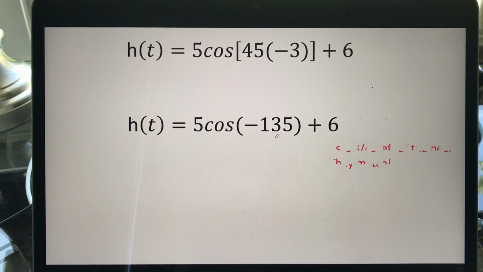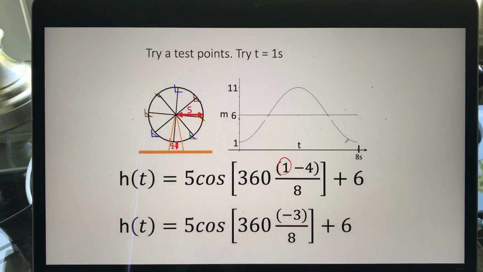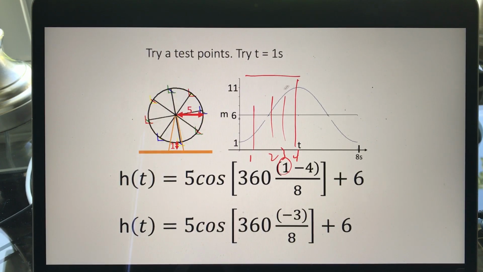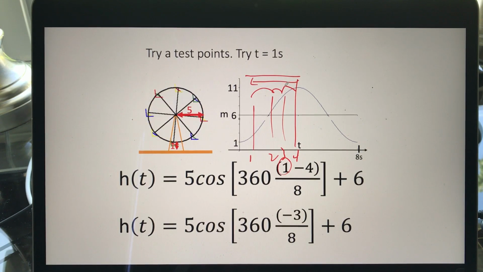Now let's just make sure this is making sense. Now let's take a look at this. 1 second, my actual Ferris wheel question, 1 second is 3/4 of my rotation left of the peak. So let's look back here at my graph. You see, here's my peak, 4, and I'm over here at 1 second. So there's my 2, right? And there's my 3. So if I break this up in the quarters, I'm 3/4 left of my peak here, okay?